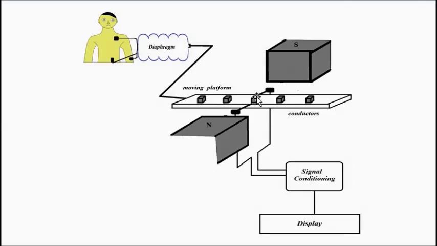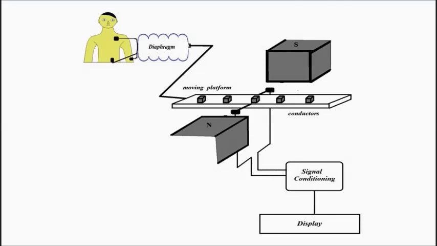When the conductor crosses the magnetic field produced by this permanent magnet setup or electromagnet setup, a current flows through it, as per Faraday's law and Fleming's rule. That current flows through these wires, which is then fed to the signal conditioning circuitry. That is the linear magnetic encoder setup.